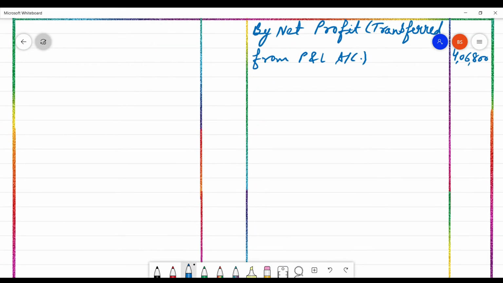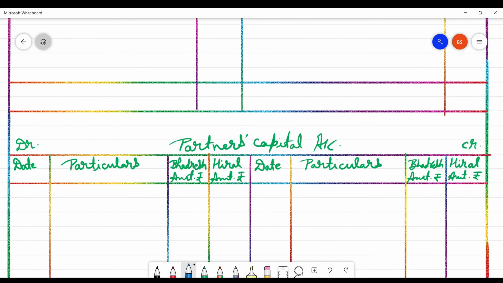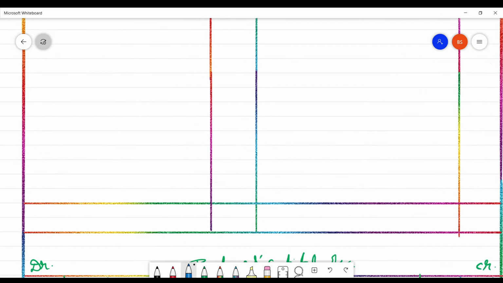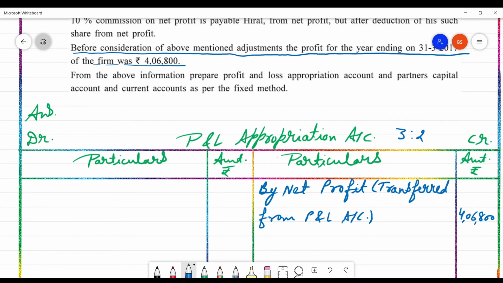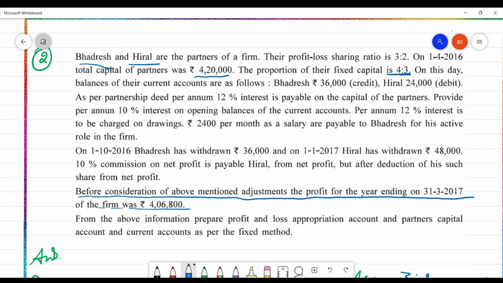Then we will put it in the credit side of the capital account on given date 1/4/2016 by balance brought down 2,40,000 and 1,80,000 respectively. Next, we will write down the current accounts balance. So on this day, balance of their current account are as follows. Bhadresh credit balance 36,000 and Hiral's 24,000 debit balance.